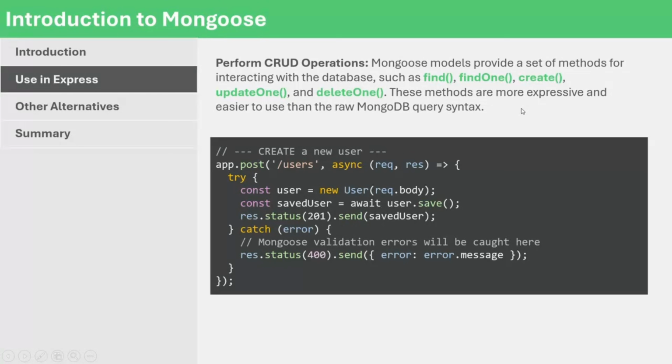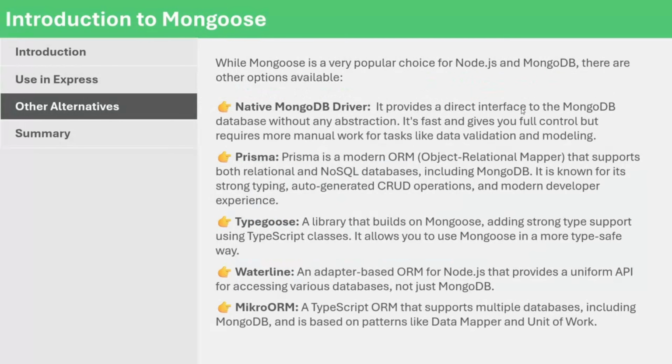Now in this course, we are going to use Mongoose ODM in our Express application in order to connect to and work with the MongoDB database. But we also have other alternatives. For example, we can use the native MongoDB driver. The native MongoDB driver provides a direct interface to the MongoDB database without any abstraction.